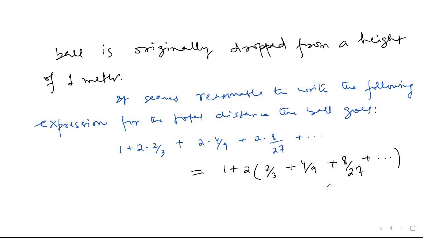Let me name it as D, where the 3 dots mean that the terms continue as they have started, each one being 2/3 the preceding one, and there is never a last term. Understand it?